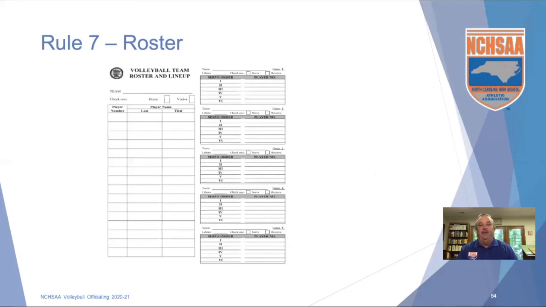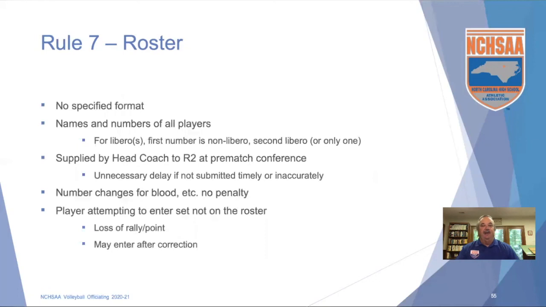There are no format requirements for the roster, but they are going to supply that to the R2 at the pre-match conference. And if they're not able to do that, there's going to be an unnecessary delay, or if there's a bunch of problems with it. In other words, they give you the wrong one, things like that.